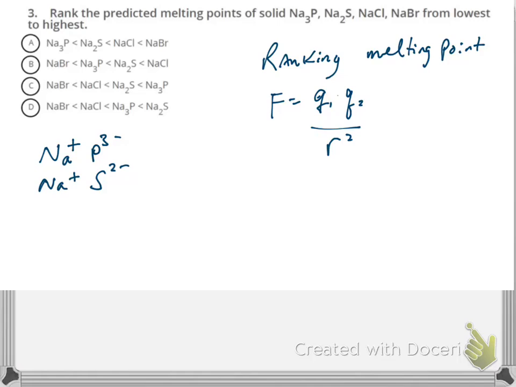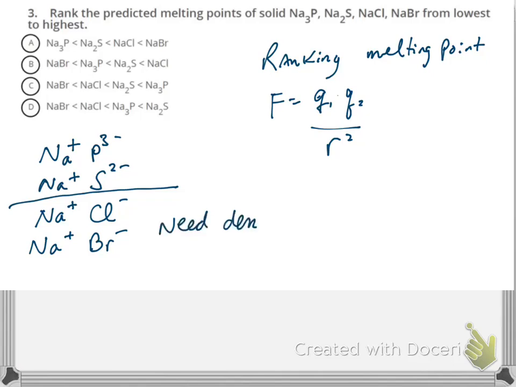Same analysis for sodium and sulfide. And then we have sodium chloride and sodium bromide. I'm going to divide this up because the only 2 pairs that need the denominator in this analysis are the 2 with the same charges. So that would be evaluating chloride versus bromide.